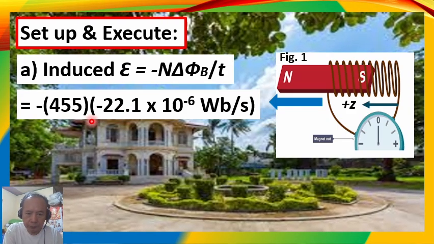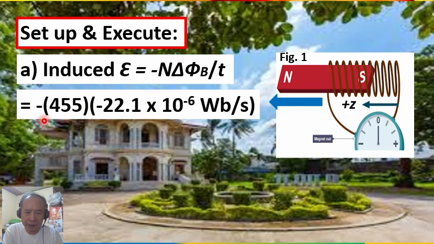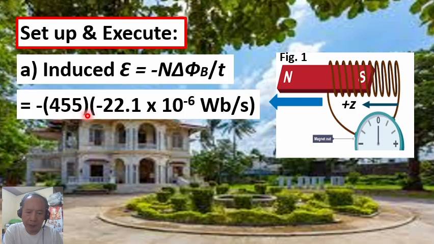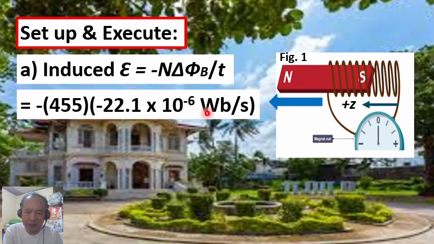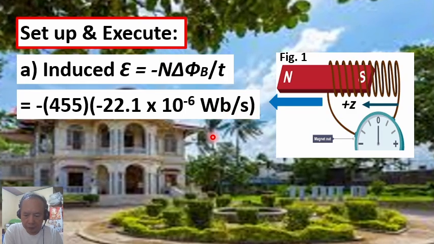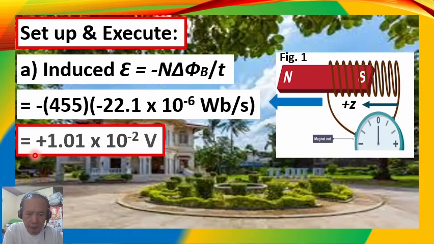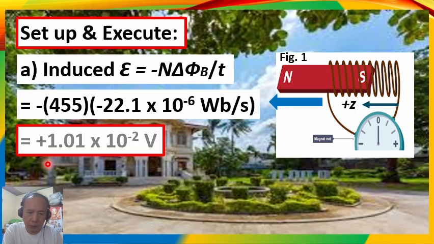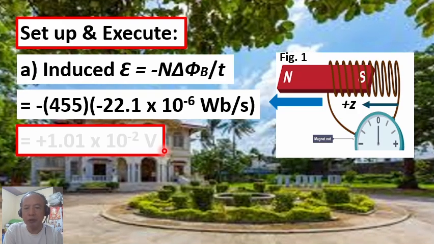So the induced EMF equals negative 455 times negative 22.1 times 10 to the negative 6 Weber per second, or volt, which gives us the induced EMF equals positive 1.01 times 10 to the negative 2 volts.